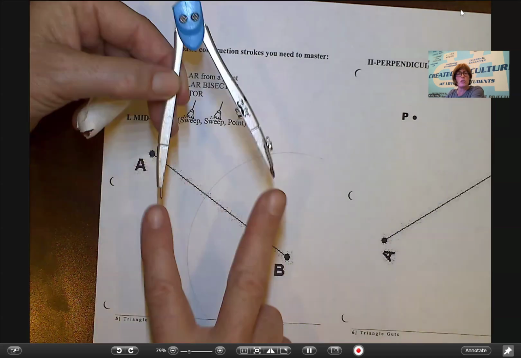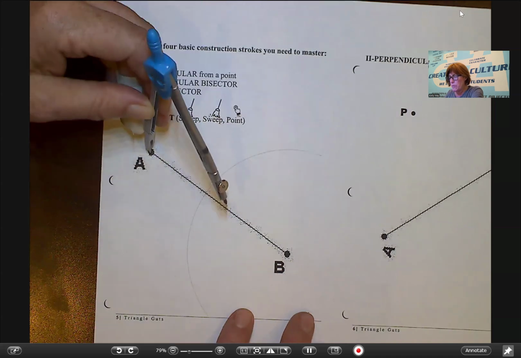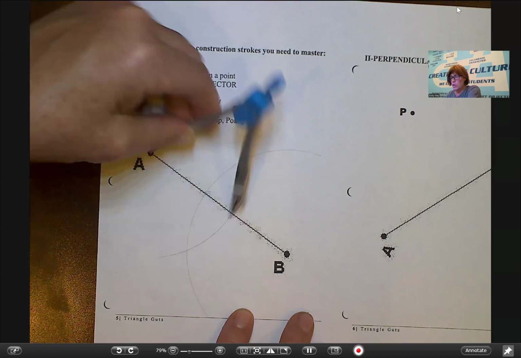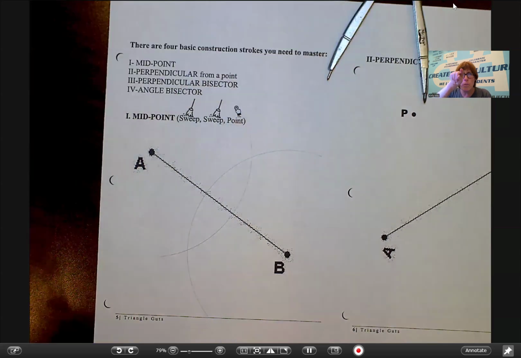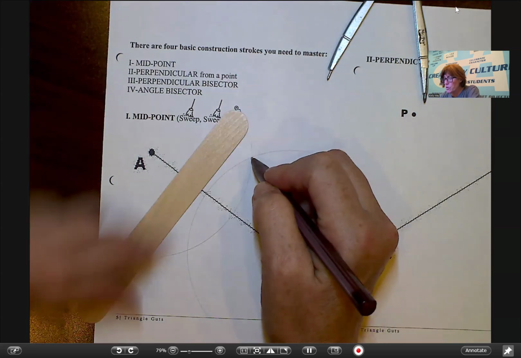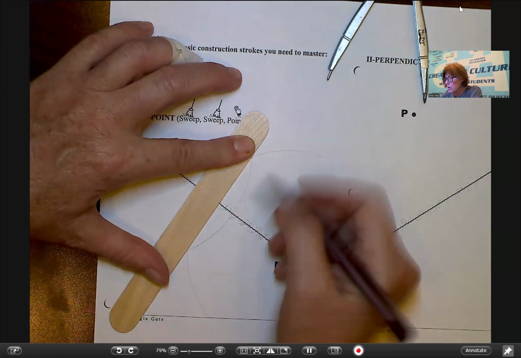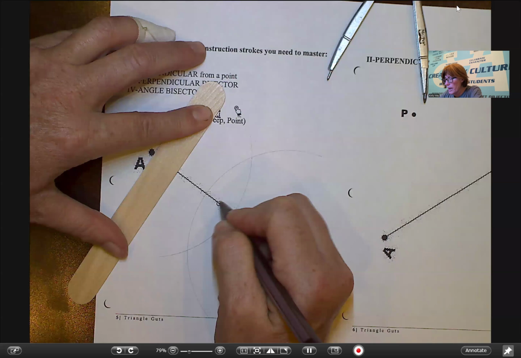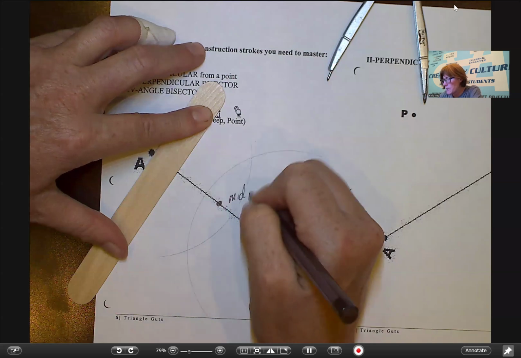Do not change your compass settings between the sweeps. Put it on this other pivot and sweep a large arc. Sweep, sweep, point. We have 2 points of intersection. Line them up with your straight edge. Do a little tick mark, and that is an exact midpoint.